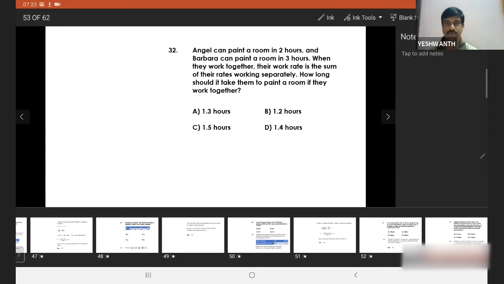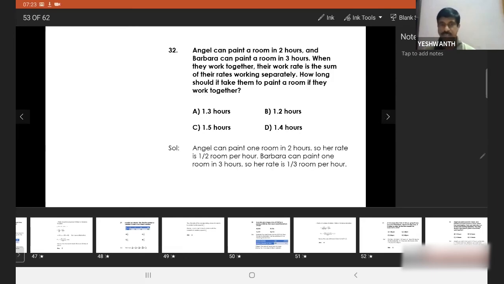Angel can paint a room in 2 hours, and Barbara can paint a room in 3 hours. When they work together, their work rate is the sum of their rates working separately. How long should it take them to paint a room if they work together? This is very, very important.